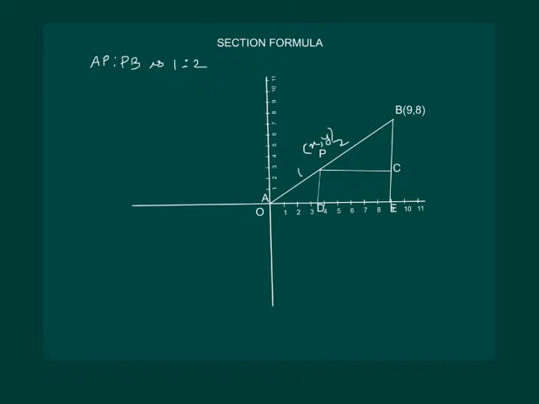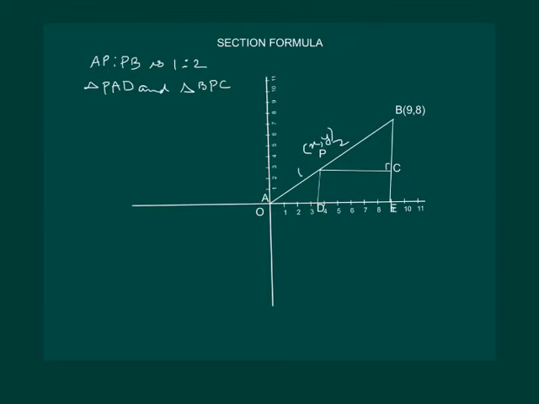Now consider two triangles that you can see on the screen, that is triangle PAD and triangle BPC. Clearly, these two triangles are similar by AA criteria. Let us quickly see how.